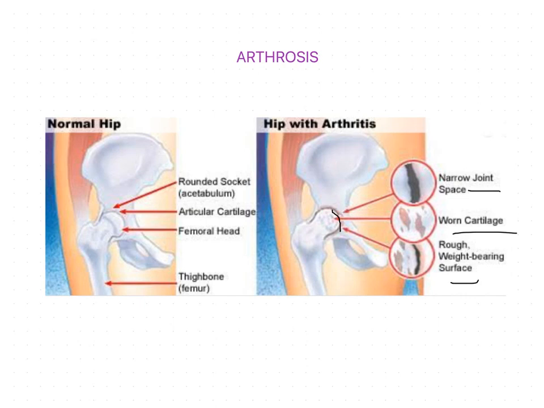The factors most closely associated with idiopathic hip joint arthrosis are increased age and increased weight to height ratio. So these are some of the features of arthrosis.